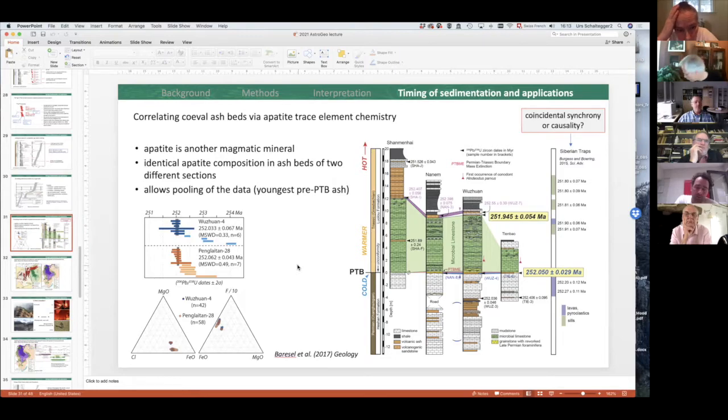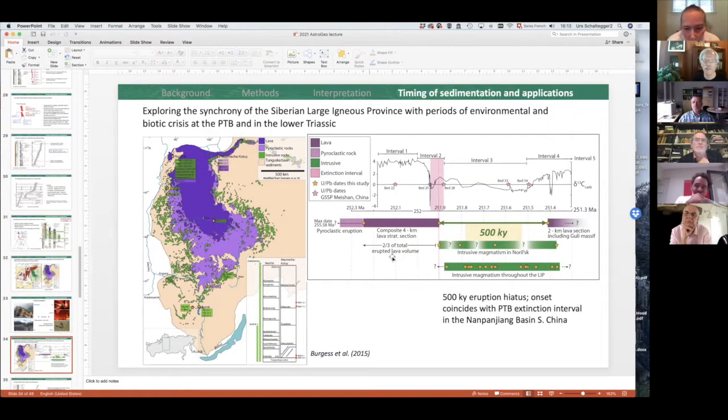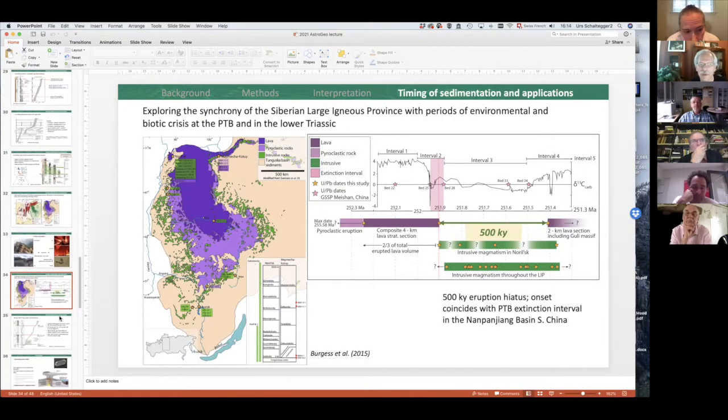So then my last question is, it looked to me on your time diagram that had the various Siberian trap events and your ages, that what actually was coincident, at least temporally possible, as a cause of the event were the pyroclastic eruptions and the composite lava section, right?